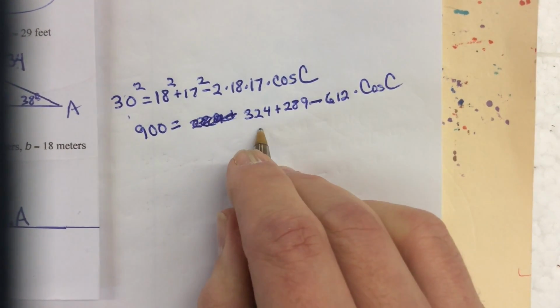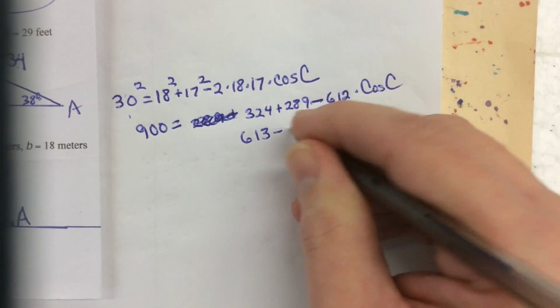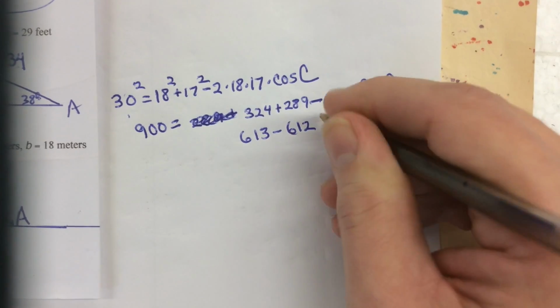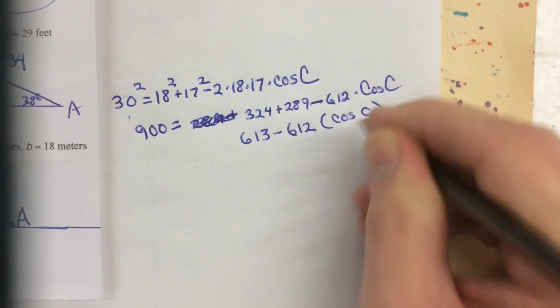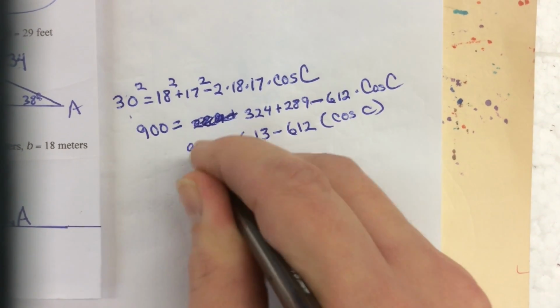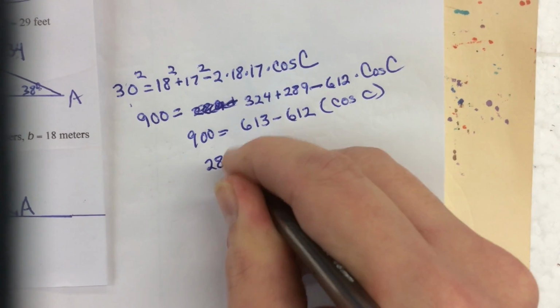So if we add these together, we get 613. If we subtract 613 from both sides, we get 287.